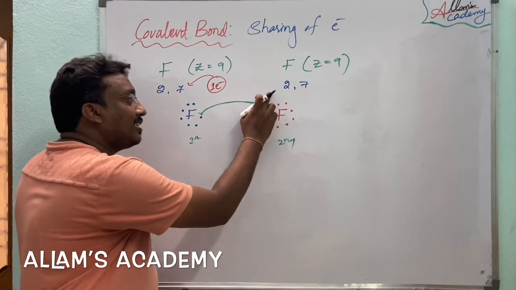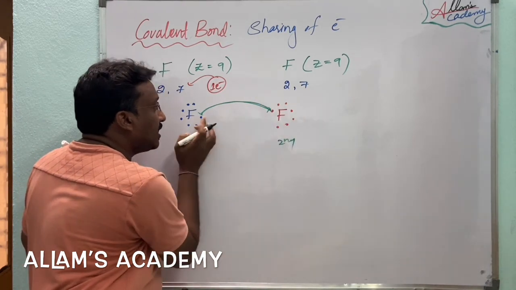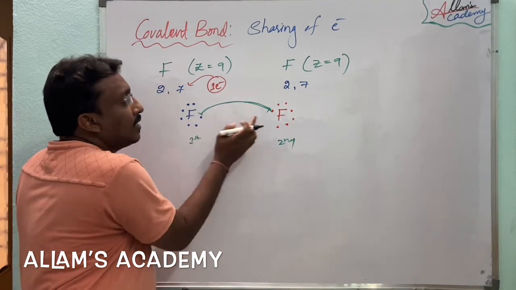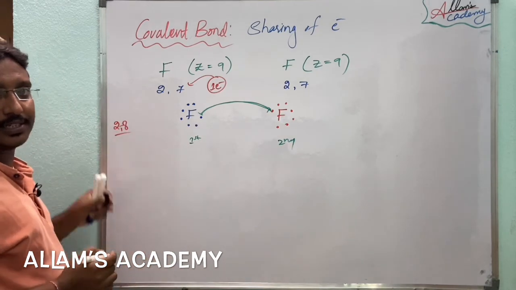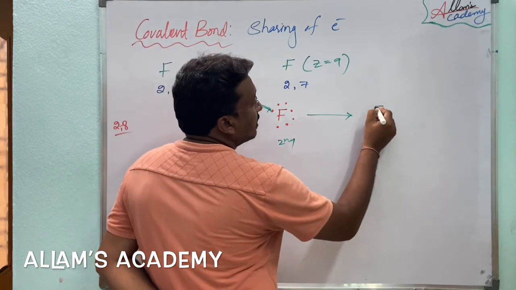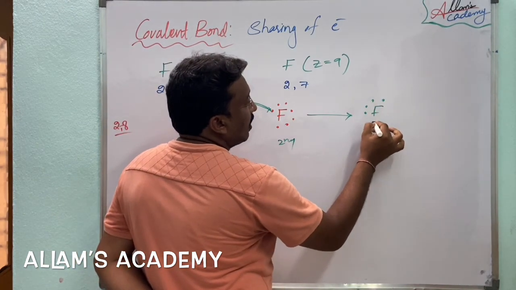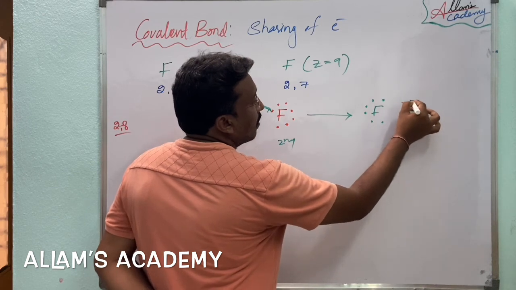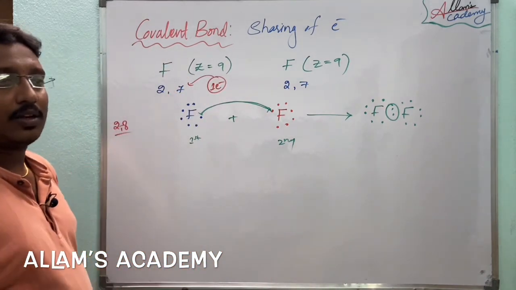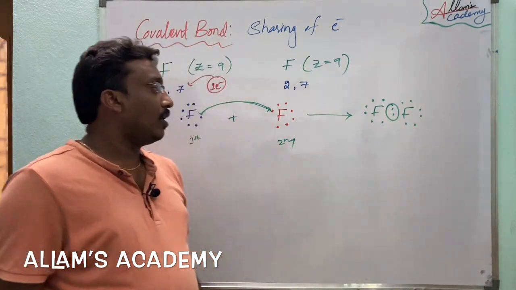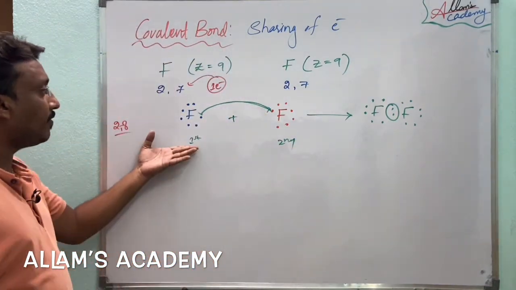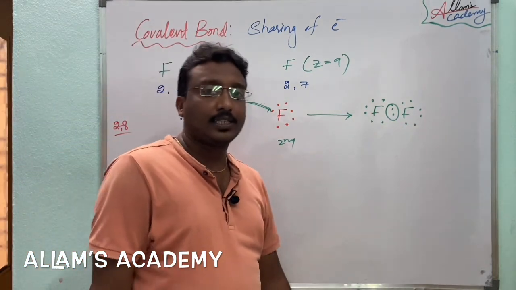Then this second fluorine uses this electron to get a stable electronic configuration, and likewise the first fluorine uses the other electron. Then the stability takes place like this. This is the example for covalent bond between fluorine atoms.